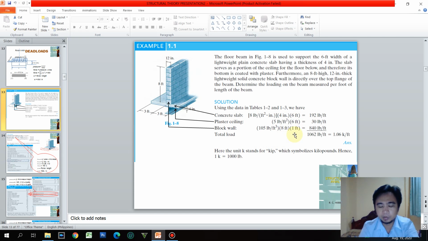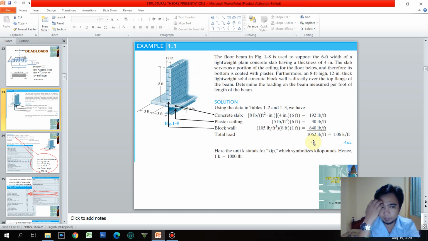So we would like to reiterate here that we should be consistent in our units, especially in multiplying terms. You cannot directly multiply two variables of different units. So we take note here that the unit is per foot.